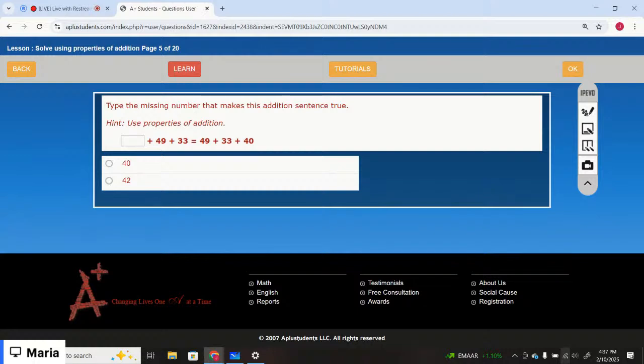Very good. Option number 1 is the correct option.